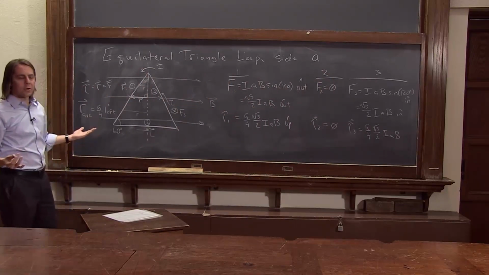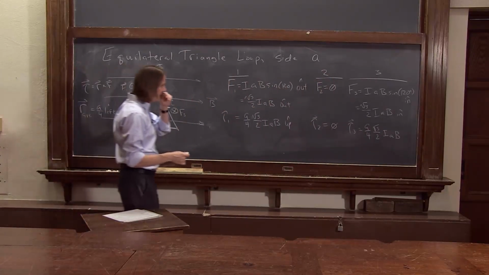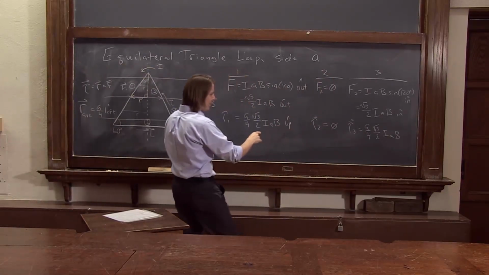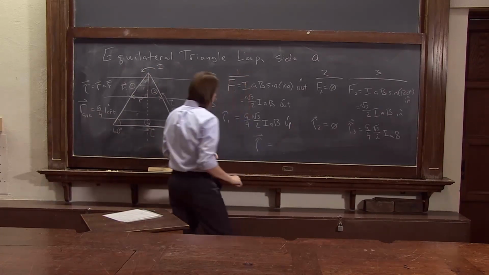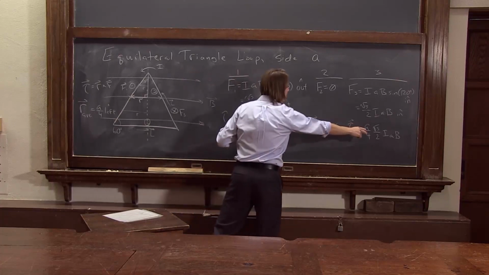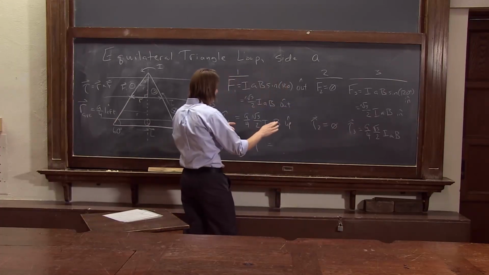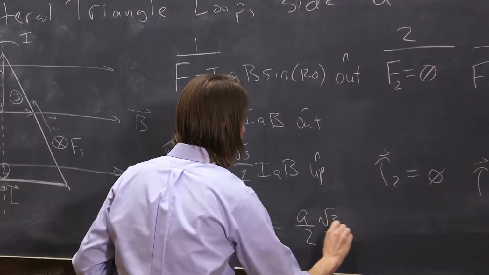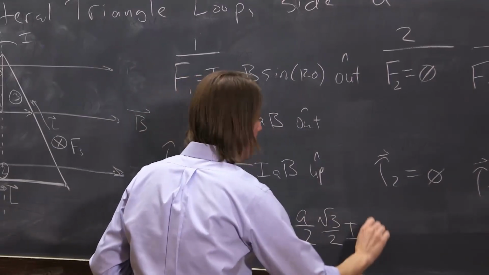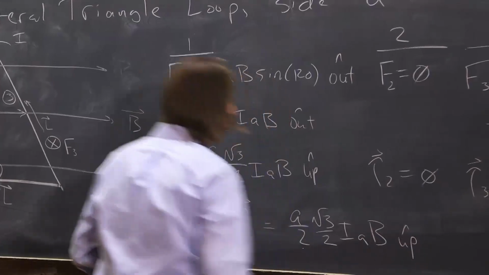So what's the total torque? Add up the torques. If we add these two up, then those 4s are going to become a 2. So it's a over 2 square root of 3 over 2 iab up.